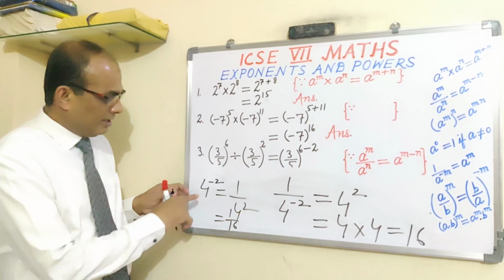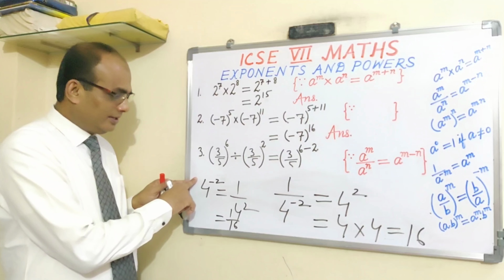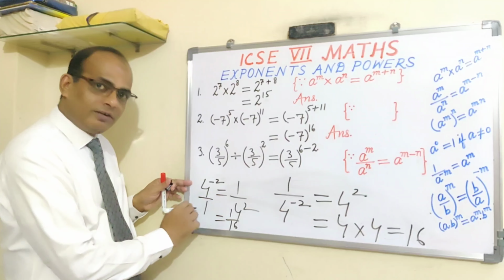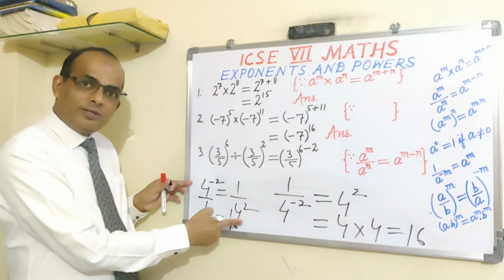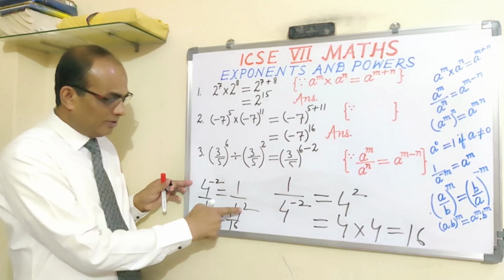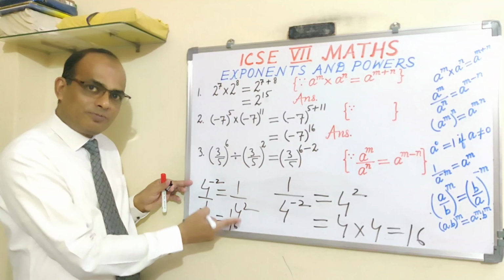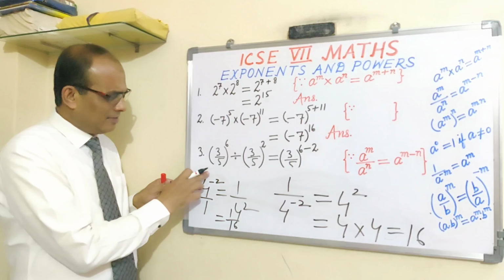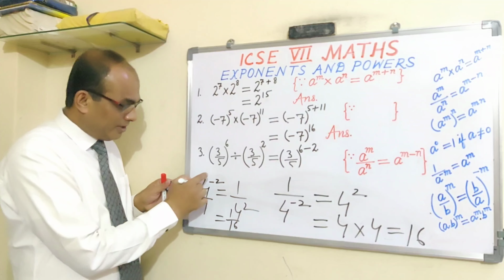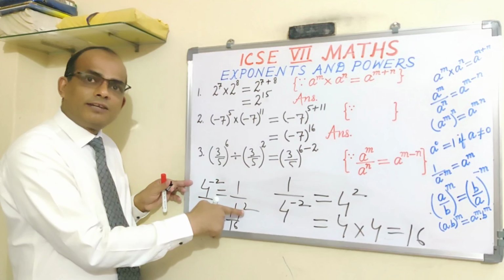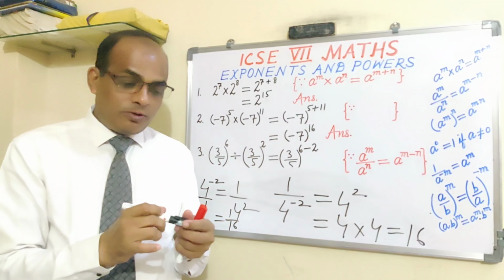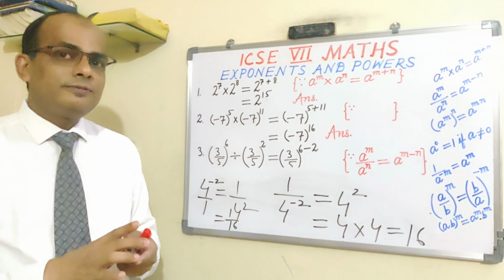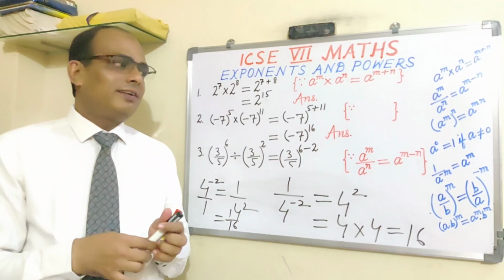Up in the numerator there is nothing, so it is 1. So 4 raised to the power minus 2, when you take it down in the denominator, becomes 4 raised to the power 2, because the index becomes positive. The sign changes. Minus becomes plus, and if this is plus, then this will become minus. So like that you can write down the answer with the positive index.